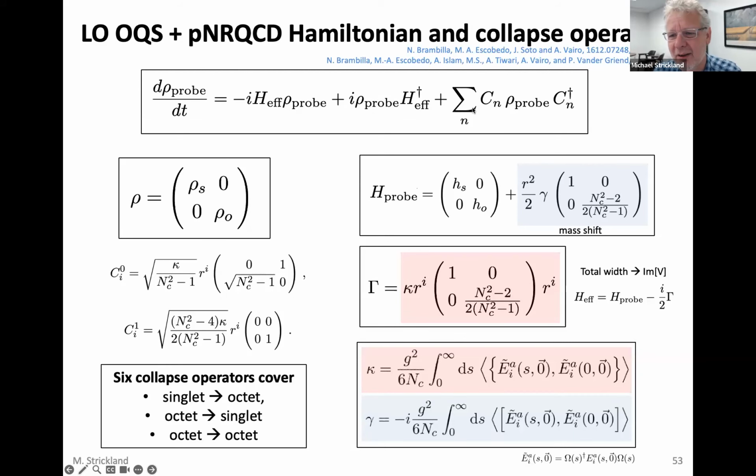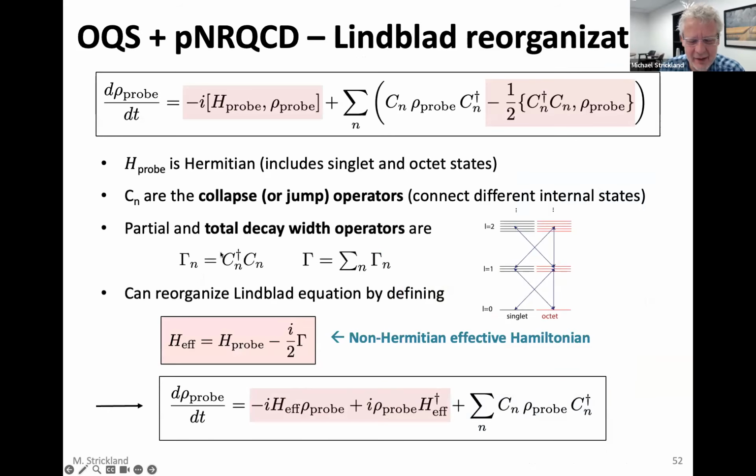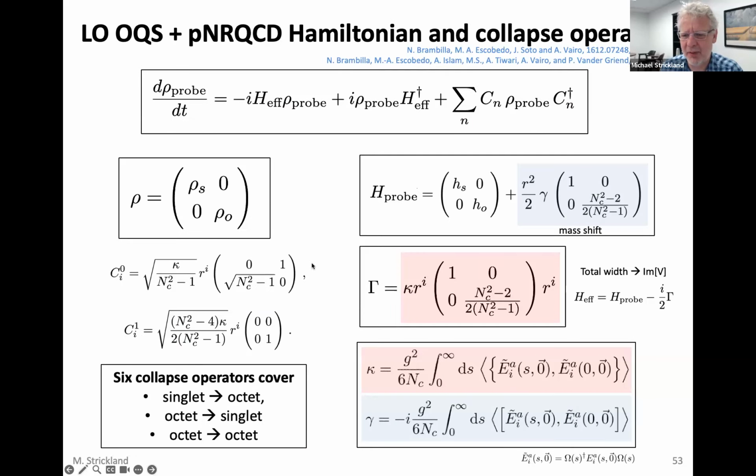So this sum here sums over the 6 possible operators, and i here is going 1, 2, 3 in both of these cases. You can just do some math by summing over all of those jump operators after you've determined them, and then you can come up with this total width operator in this case. And so then you know how to construct this effective Hamiltonian.